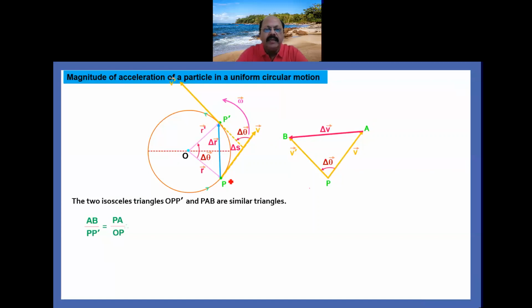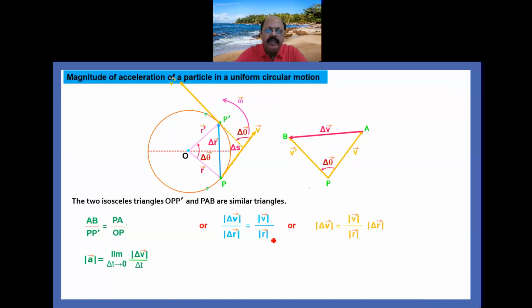So what you will get? Mod of delta V upon mod of delta R equal to mod of V upon mod of R, or simply delta V upon delta R equal to V upon R. So from here we can write mod of delta V equal to mod of V upon mod of R into mod of delta R.